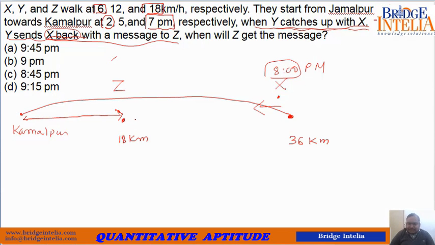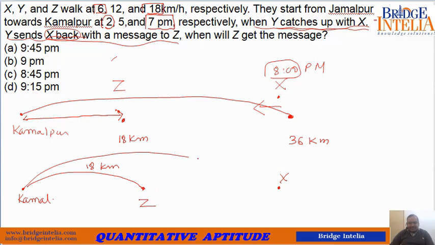So effectively speaking, what is the situation at 8 p.m.? The situation at 8 p.m. is something like this. This is Kamalpur. Z is here, so this gap is 18 kilometers. X is here, so this total gap is 36 kilometers.